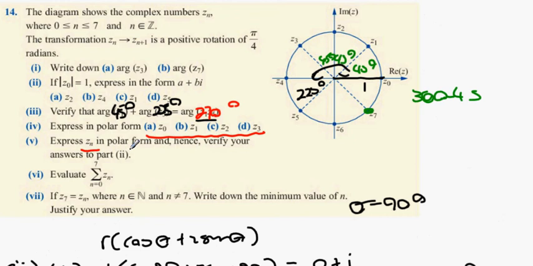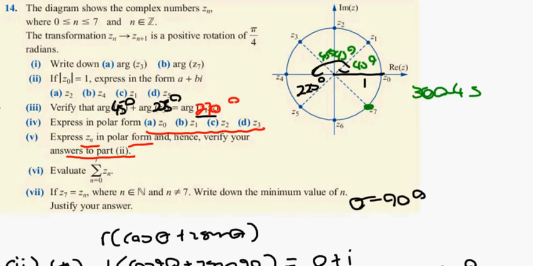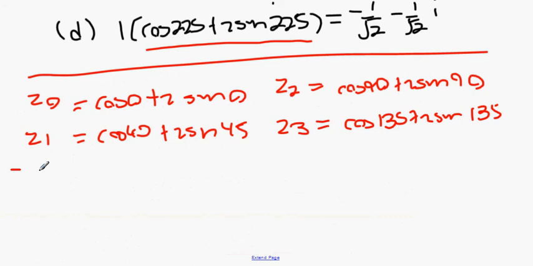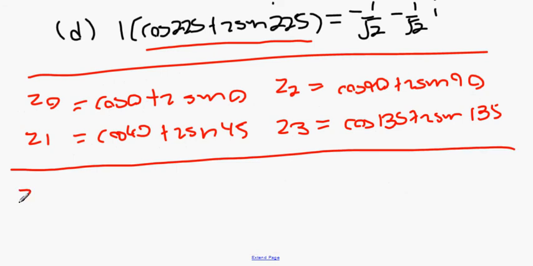Express Zn in polar form and hence verify your answers to part 2. Well, Zn will therefore, it's basically 45 multiplied by the n number.